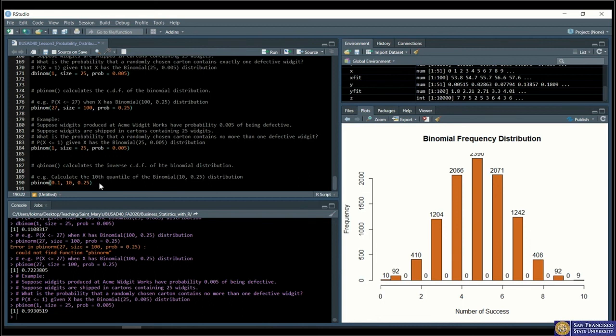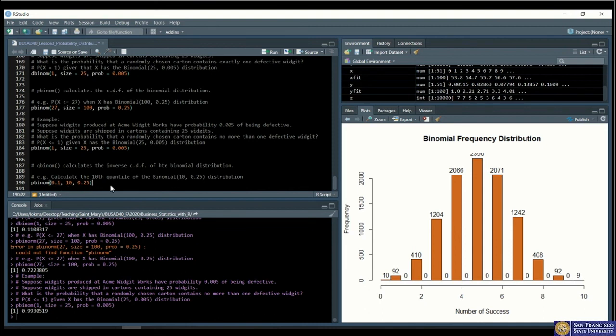For example, we have a binomial distribution with 10 trials, and the success rate is 25%. I want to know the 10% point in the graph, so we are asking for the 10th quantile, or percentile. That gives me 10% of a chance for anything at that position and below.